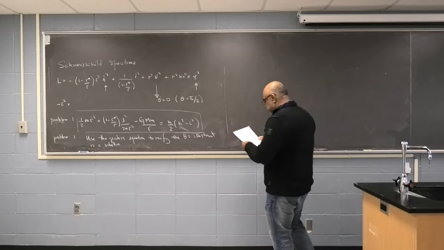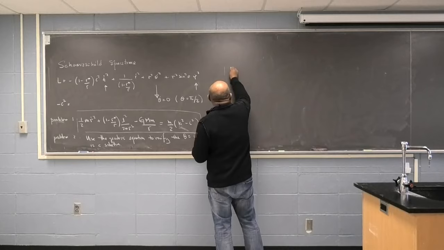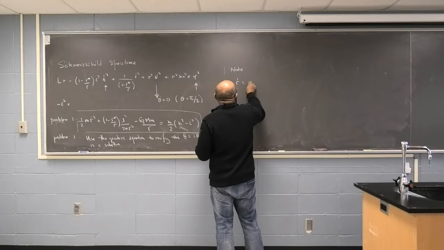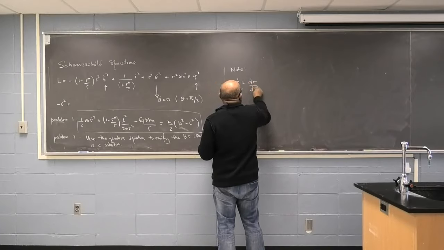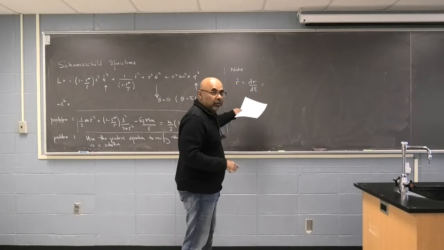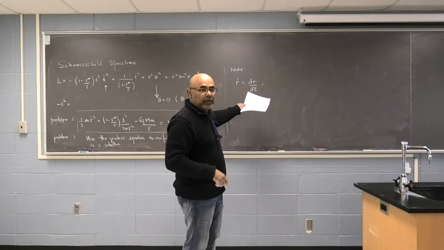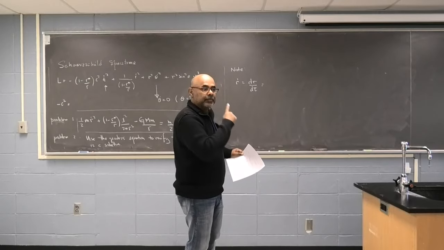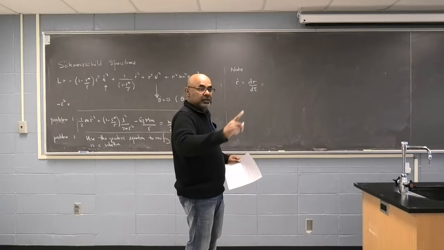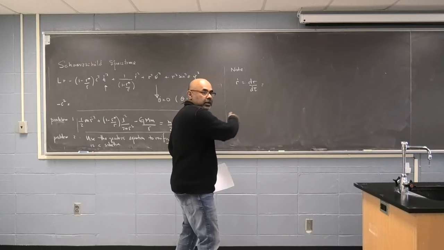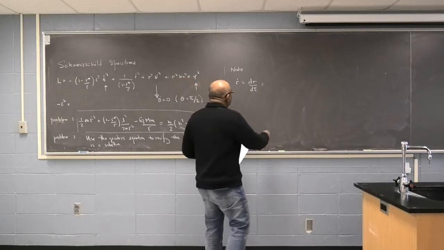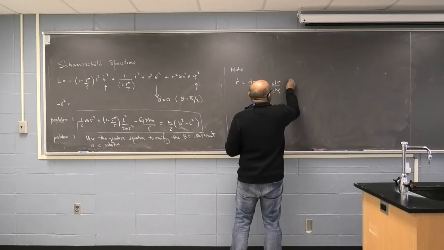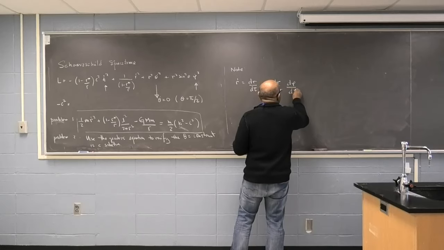So in preparation for that, I would like to mention that r dot is just dr d tau. I don't care at what time where the r is, but I want r as a function of phi. Is it doing this, or is it doing this, or is it doing this like a comet? That's what I'm really concerned about. So what I'll do is write this as dr d phi d tau.